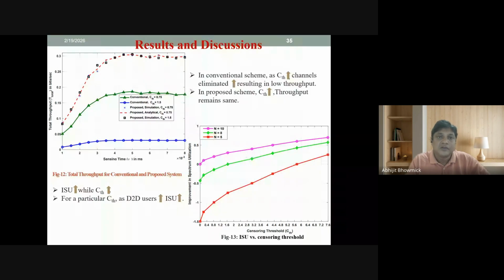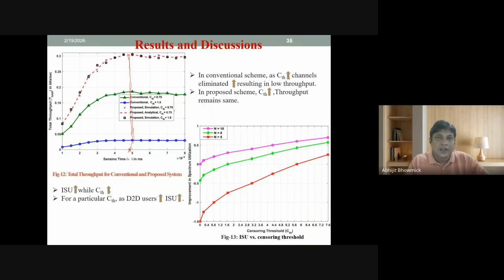That means for these simulation conditions, this is the optimal sensing time. It is approximately around 4 point something milliseconds to achieve the high throughput.